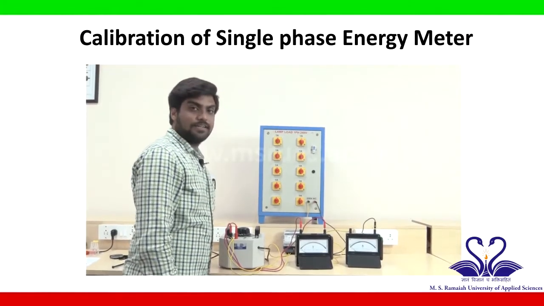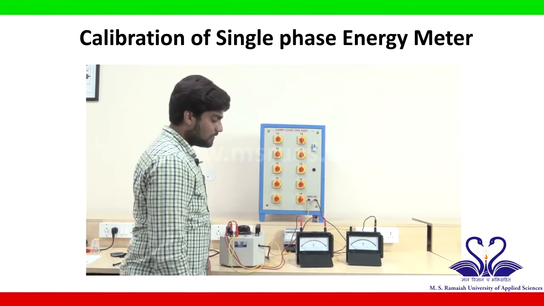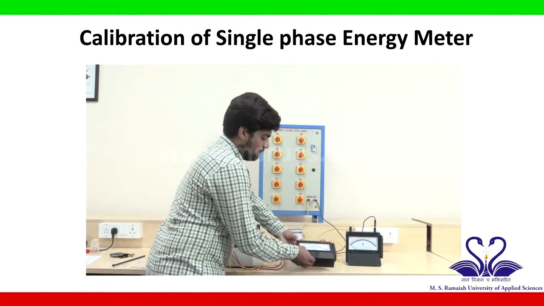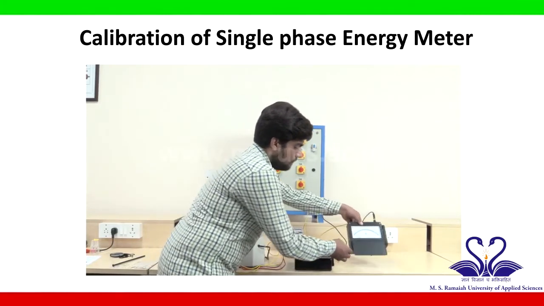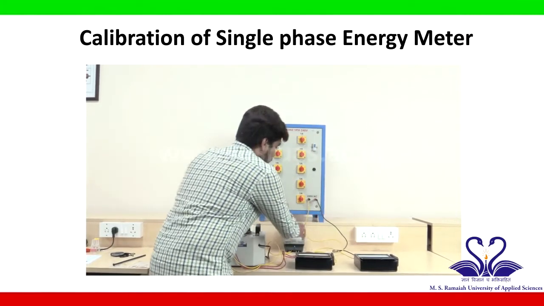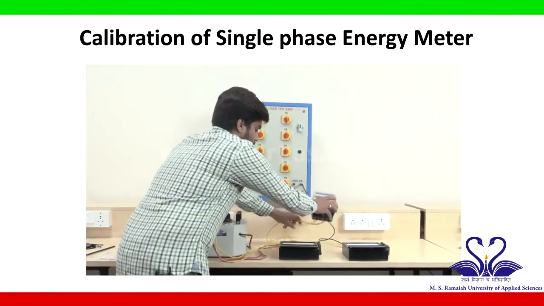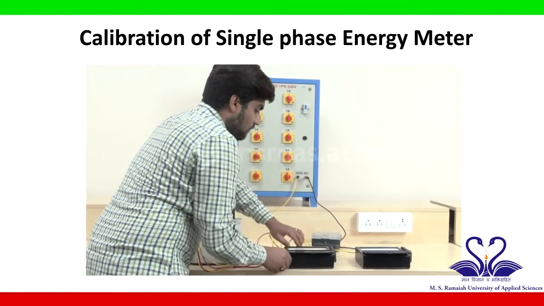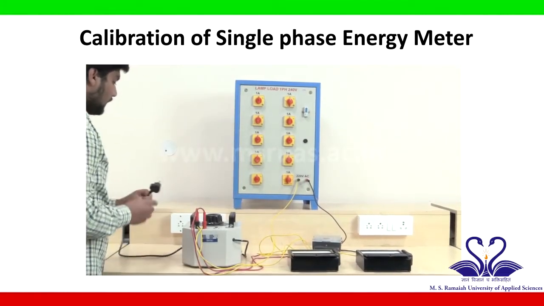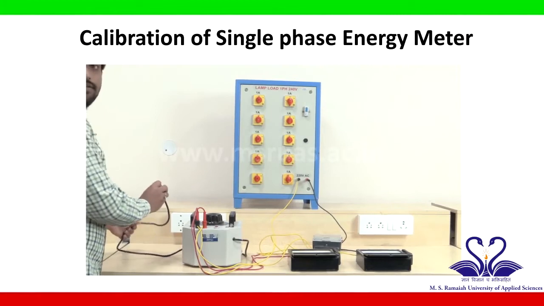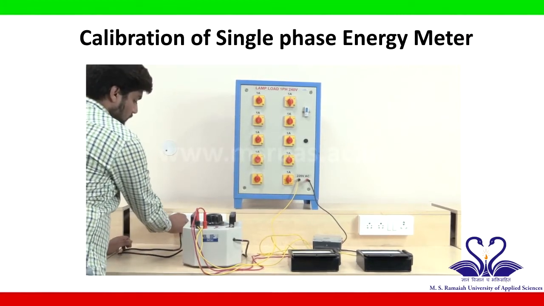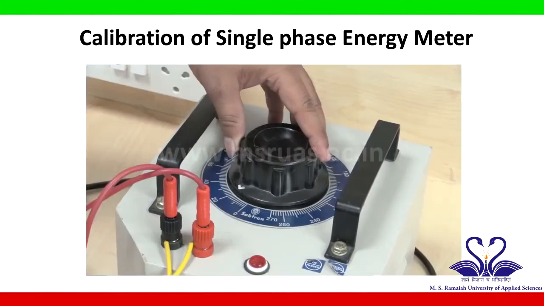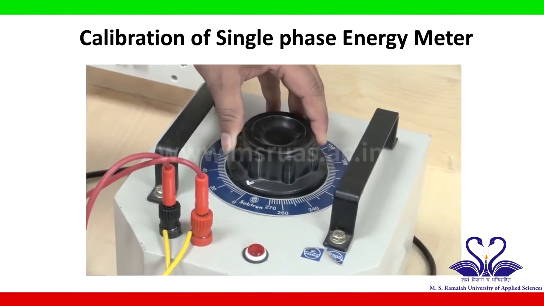Now we will start the conduction of experiment. First we will place all the meters horizontally. So we will connect supply. Before turning on the supply, make sure the knob of auto transformer is at minimum position.